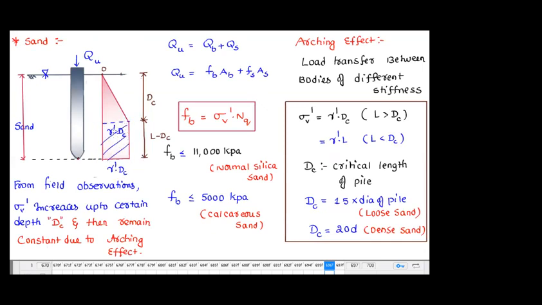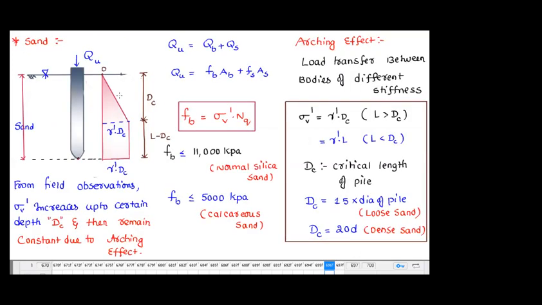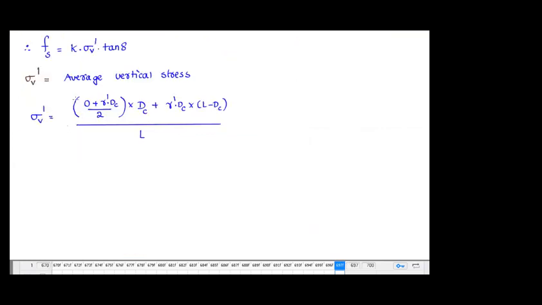Sir, everywhere it is uniform, na? So gamma dash into DC into L minus DC, divided by the total length, which is L. This is how you are going to find out the average. Again, here also it is a weighted average only. Hope you understood. Once you draw the pressure distribution, you will get to know everything. So this is nothing but sigma V dash.